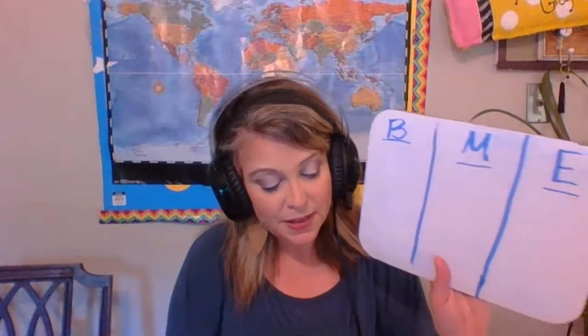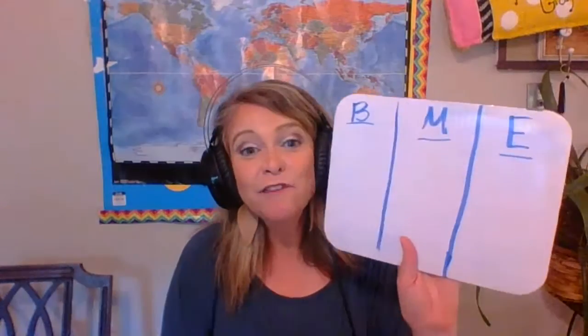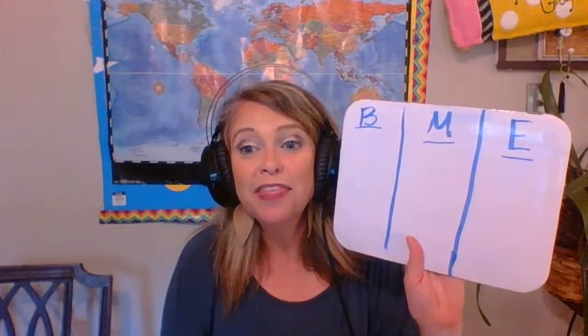Sticky, good, Sasha. Okay, now, if I'm going to just abbreviate, I'm going to put B for beginning, M for middle, and E for end. Okay? All right, so in the beginning of this story, what is something that happens?